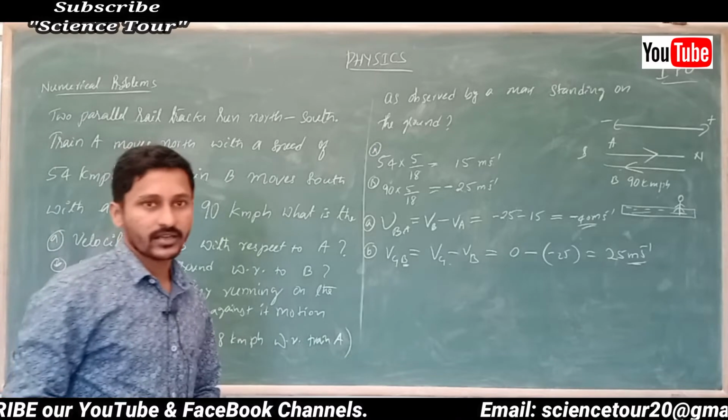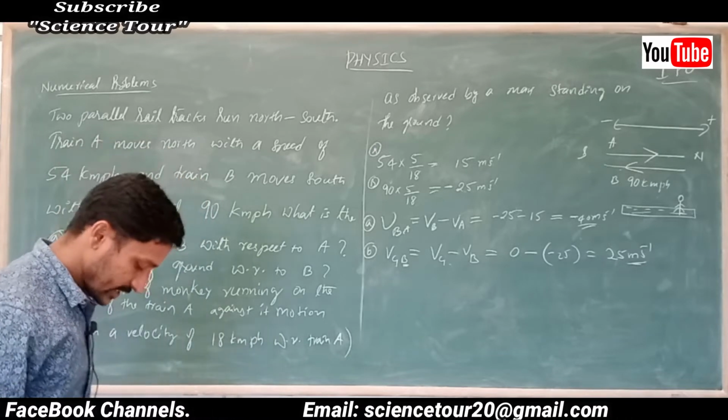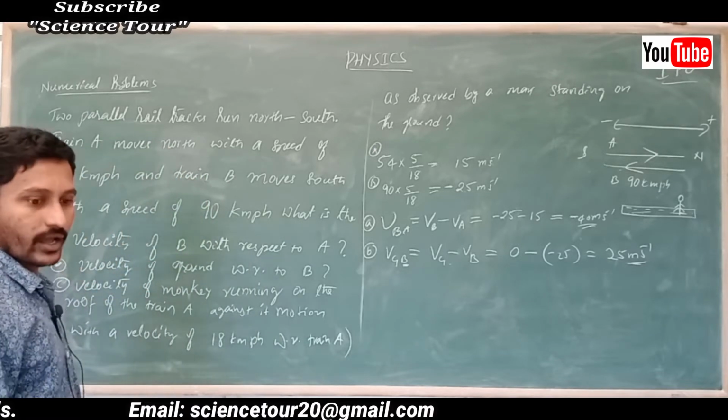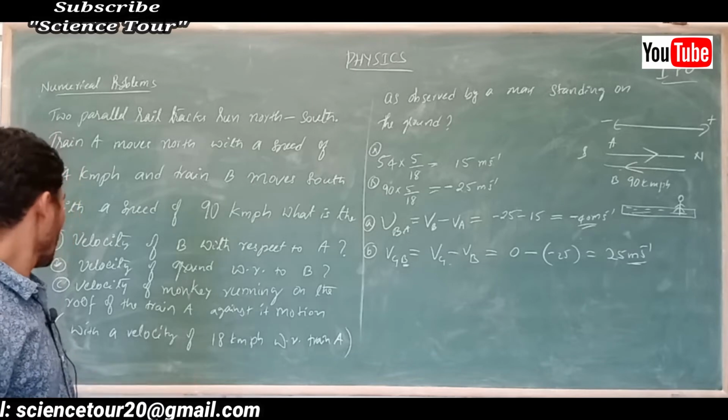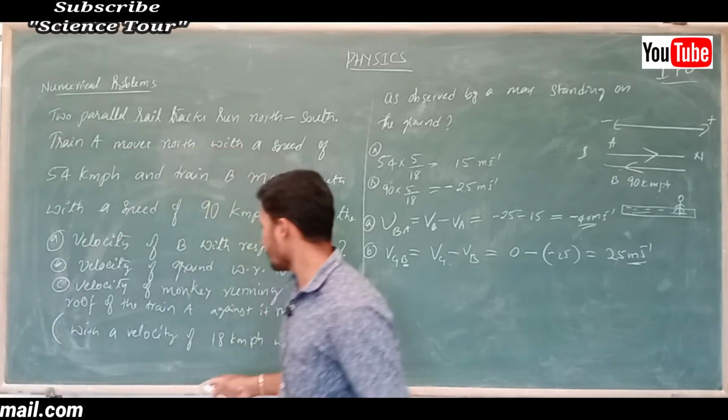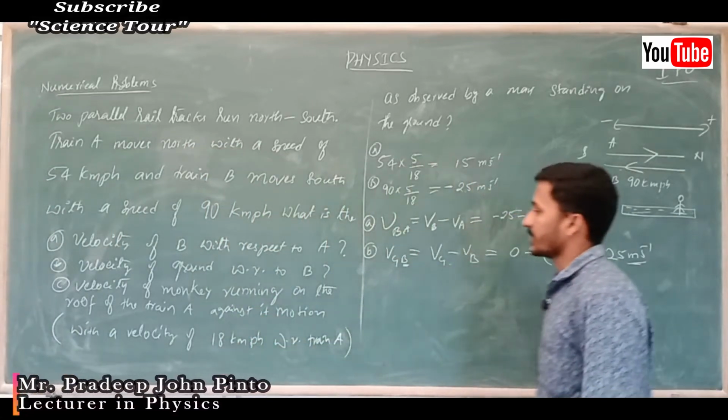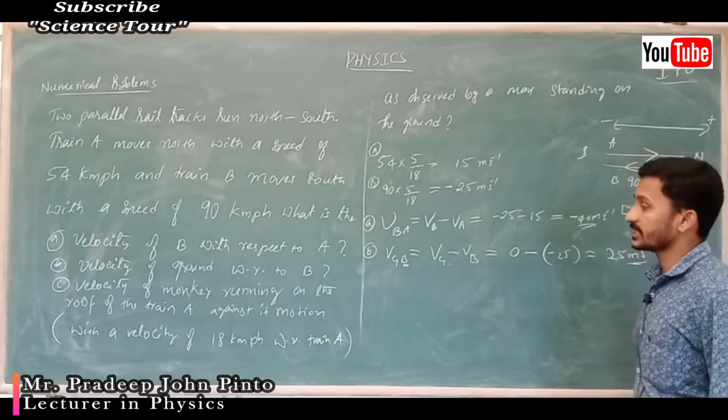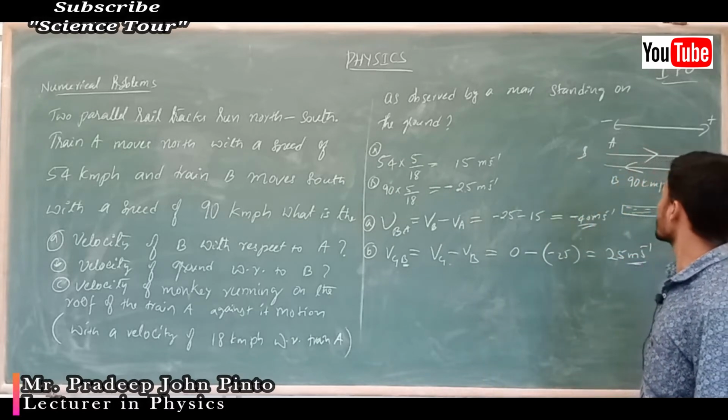Next we have to find the velocity of a monkey running on the roof of train A against its motion.